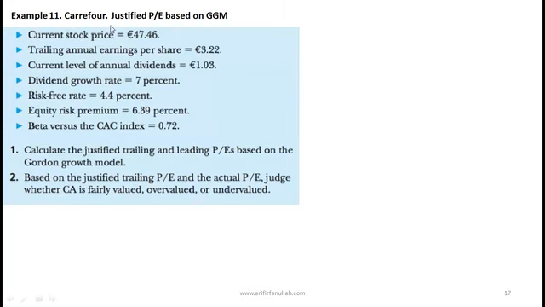Same, example 4. The justified PE, what's the justified PE based on the Gordon growth model? So let's do this fast. You have your stock price given, the trailing annual earnings per share. So you're given all this data. Calculate the justified trailing and leading PE based on the Gordon growth model.